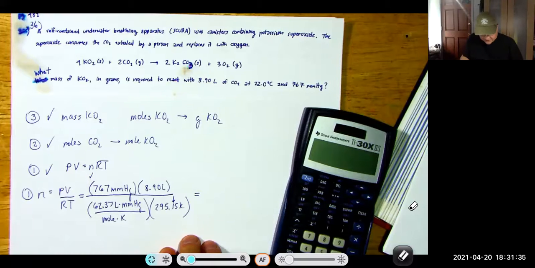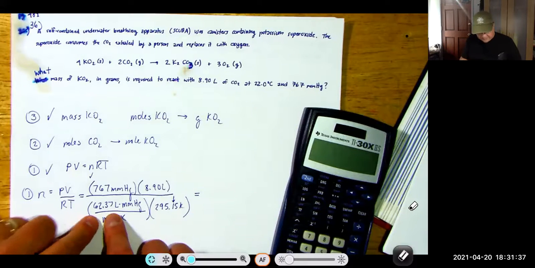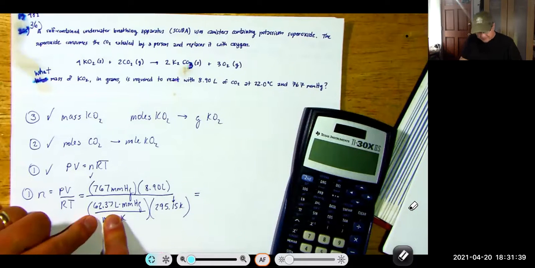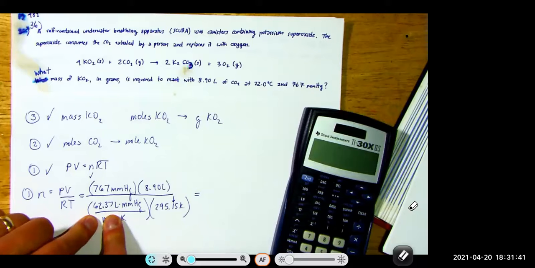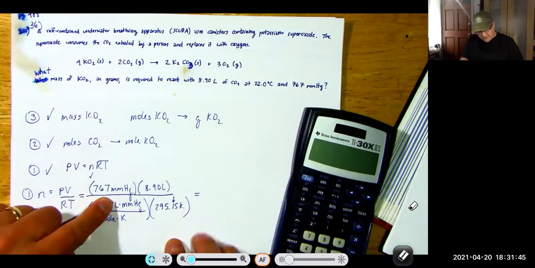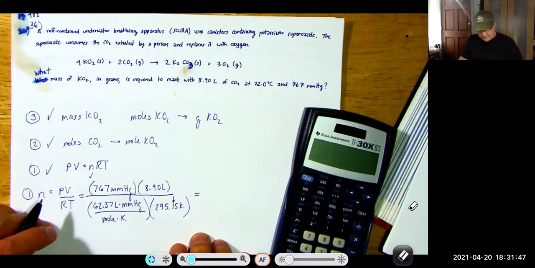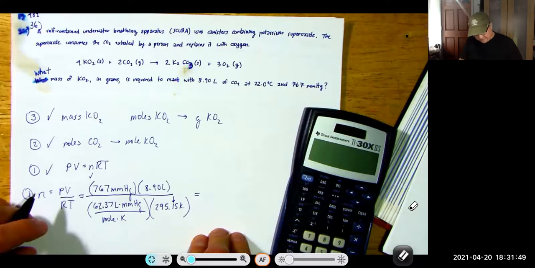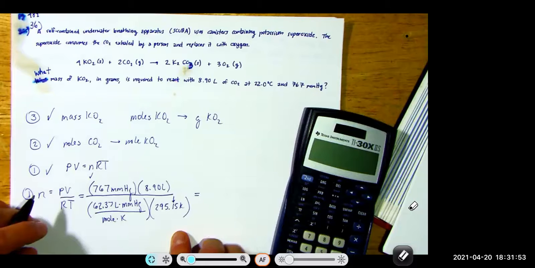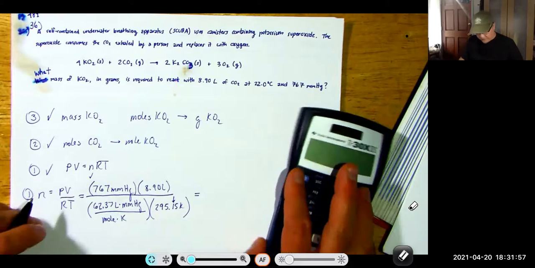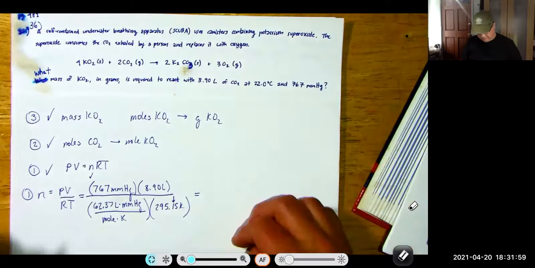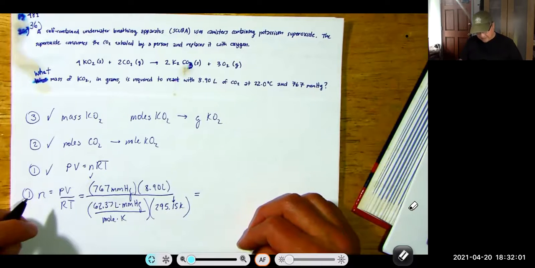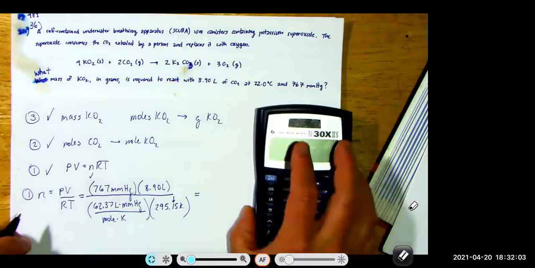So 9 goes into 62 about 7 times, and 7 goes into 767 about 111 times. And 111 divided by 295 is about 1/3. So the answer should be around 0.33. That sound about right? Yeah.